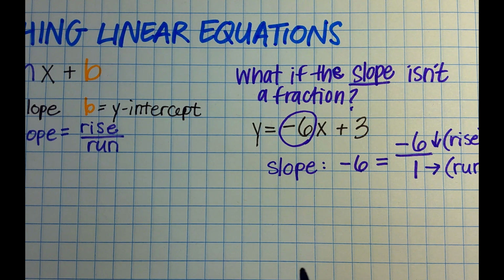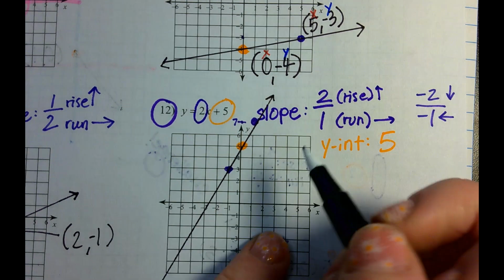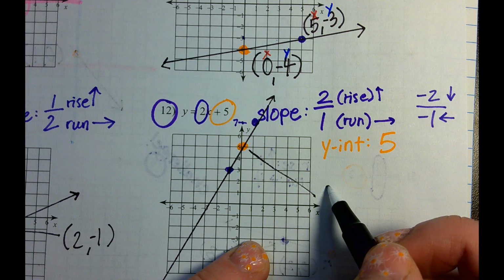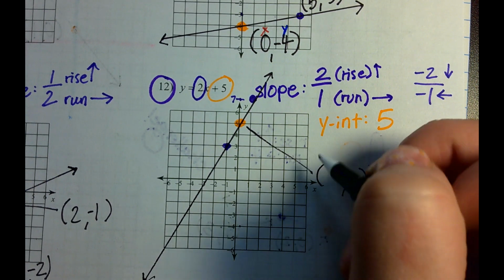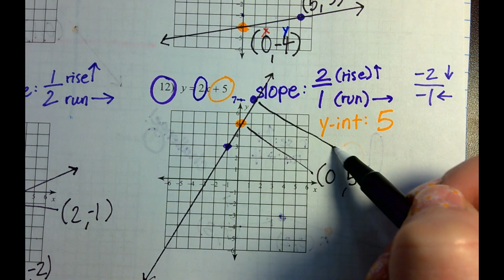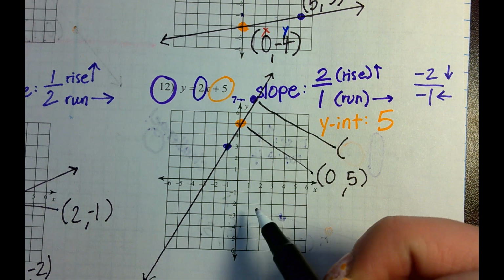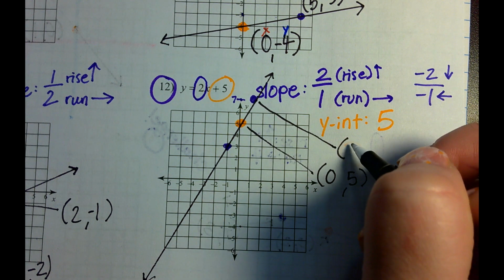Yes? Can we go back to number 12 and name them? Yes. Oh, yes, I completely forgot. Thank you. Let's name our points for number 12. So, what would our first coordinate be for number 12? 0, 5. Perfect. And how about that second coordinate up here? 1, 7.